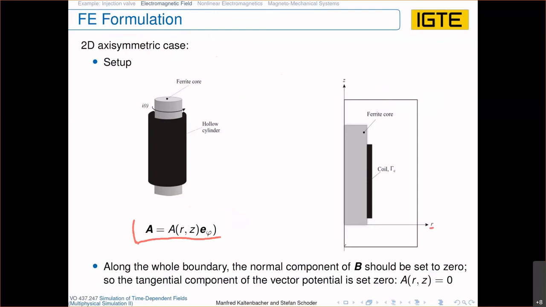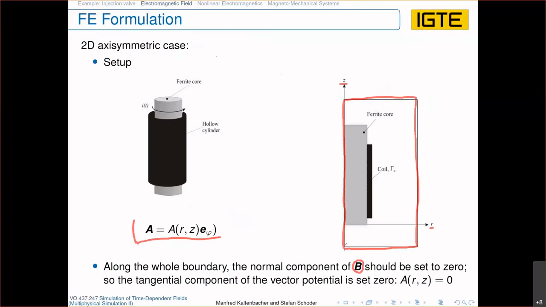As we have discussed, this also holds true for the axisymmetric case: along this boundary we should clearly have no magnetic flux lines going out, which means the normal component of B should be 0 here. That is also the case for the rotational axis.